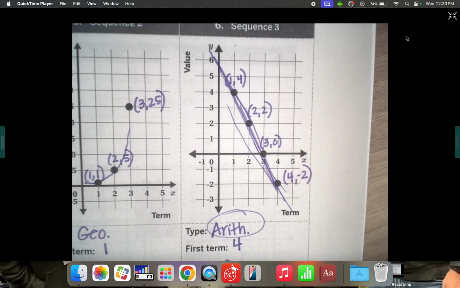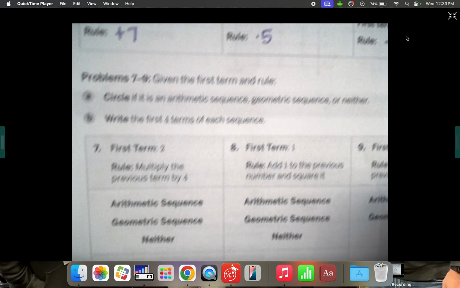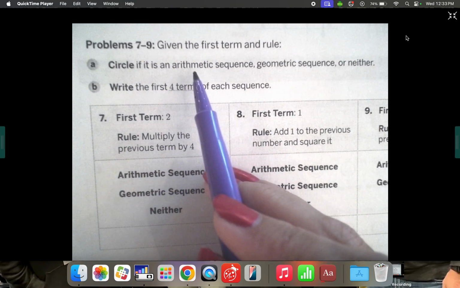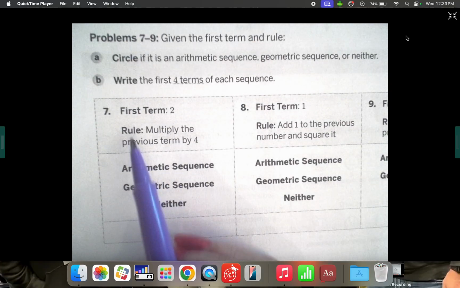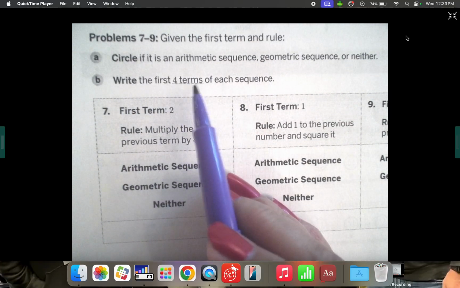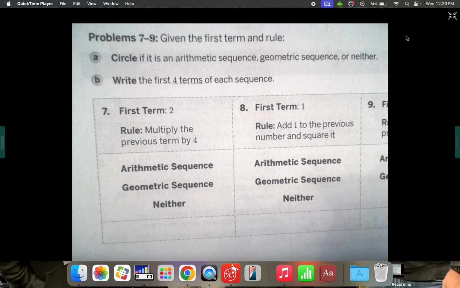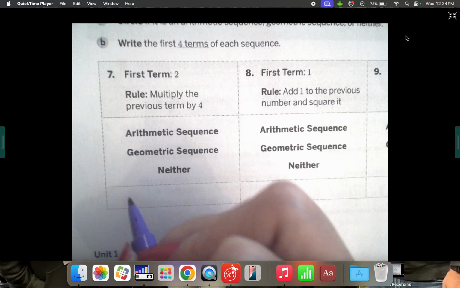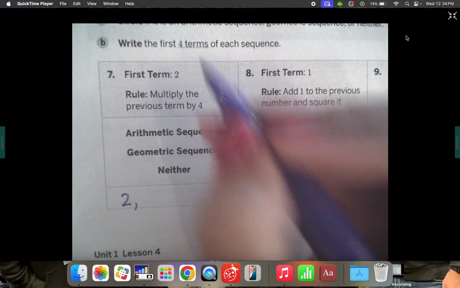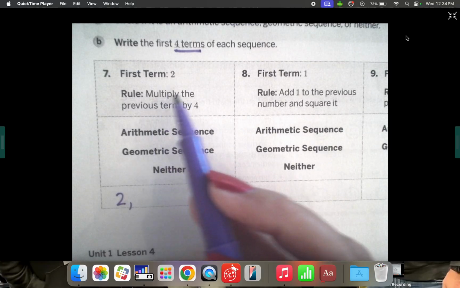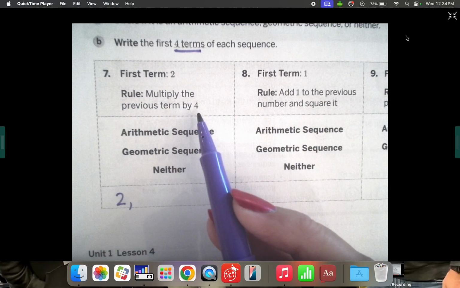All right. Down at the bottom, it says we are going to circle in this first box, number 7. We're going to circle if it's arithmetic, geometric, or neither. And we're going to write the first 4 terms of each sequence. So first term is 2. So let's go ahead and write 2 because that's our first number, and we have to write the first 4 terms in each sequence. And the rule is to multiply the previous term by 4.